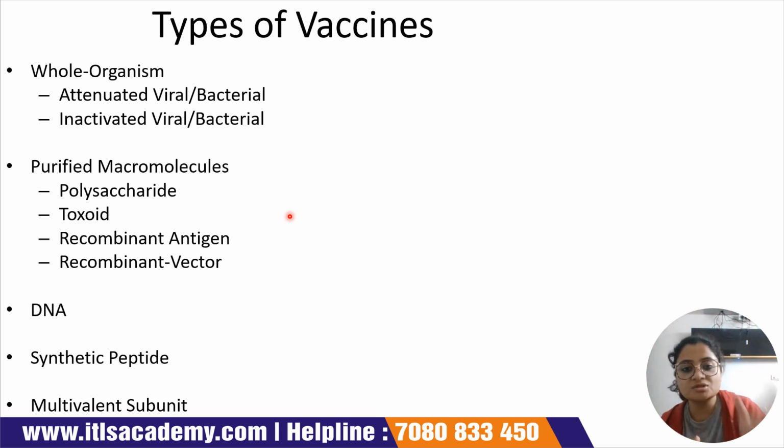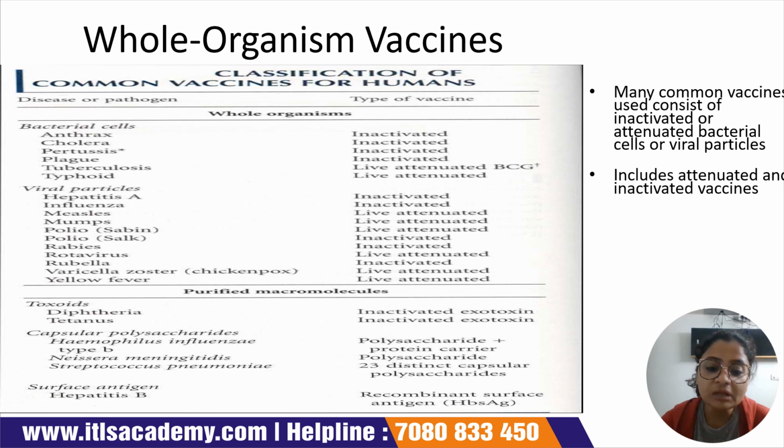Those parts are isolated and purified, so that comes under the category of purified macromolecules. Then we have DNA vaccines, synthetic peptide vaccines, and multivalent subunit vaccines. We also have recombinant DNA vaccines, which also come under DNA vaccines. So this is basically a chart that I have given which contains the different whole organism vaccines that we have for humans.